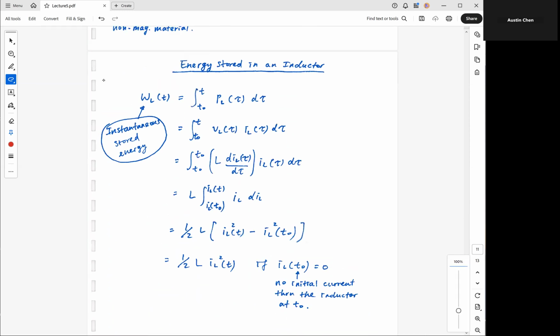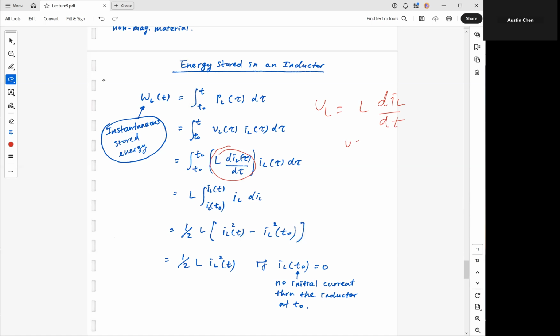Similarly for energy stored in an inductor, we're going to use this same approach here. Work done, W, is equal to the integral of power with respect to time. And power, as we know, is V times I. And this V can be expressed by L dIL over dt, so VL is equal to L dIL over dt.